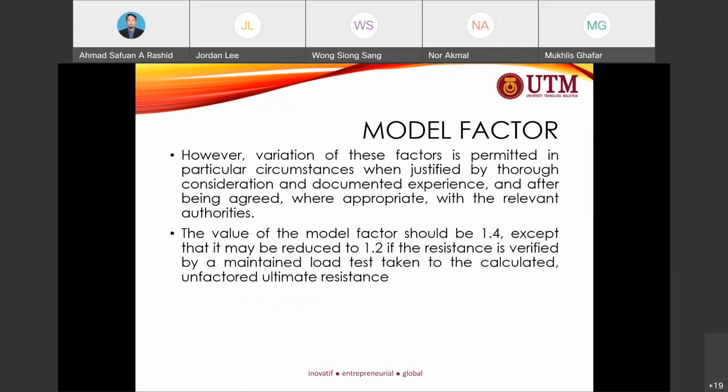The value of the model factor should be 1.4, except that it may be reduced to 1.2 if the resistance is verified by the maintained load test taken to the calculated unfactored ultimate resistance. So the value ranges from 1.2 to 1.4.